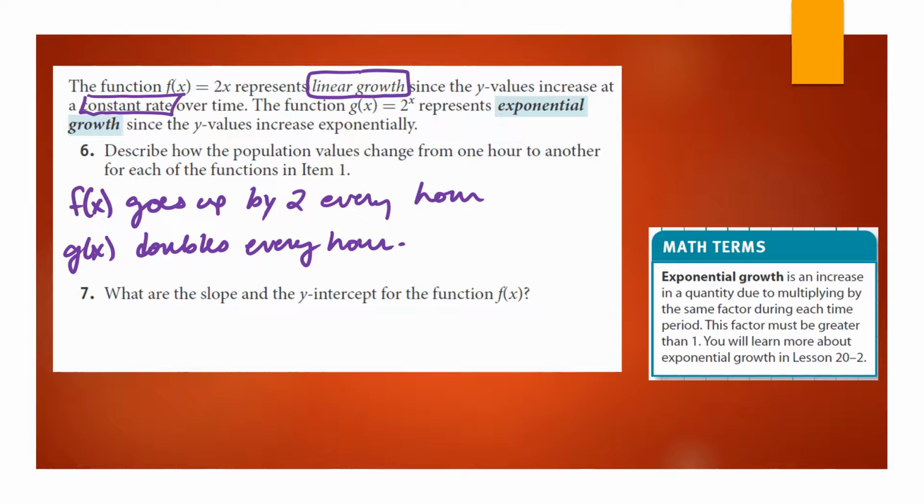What are the slope and y-intercept of f of x? Well, f of x equals 2x. And if we look at that in y equals mx plus b form, this would be our m right there. So that means that the slope is 2, and our b right here is invisible, right? It doesn't say plus anything, plus nothing.